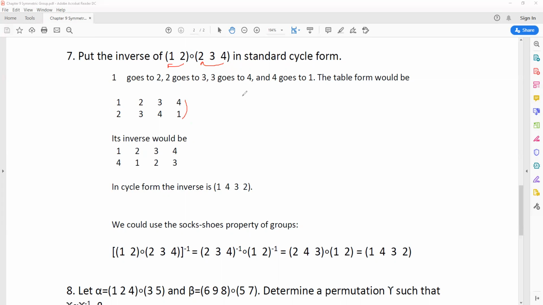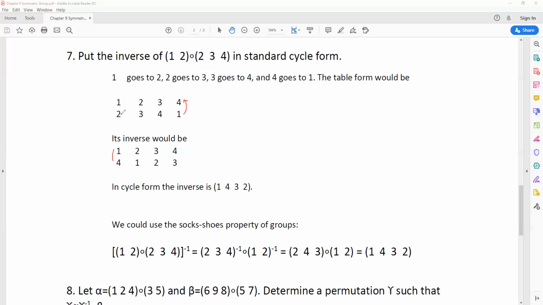So this would be the table for the given composition, but we have been asked to write the inverse in standard cycle form. Well, once we have it in regular form, to invert it would be to simply switch the rows and columns respectively. In other words, 1 maps to 4, which is the opposite of 4 mapping to 1. So 1 would map to 4.